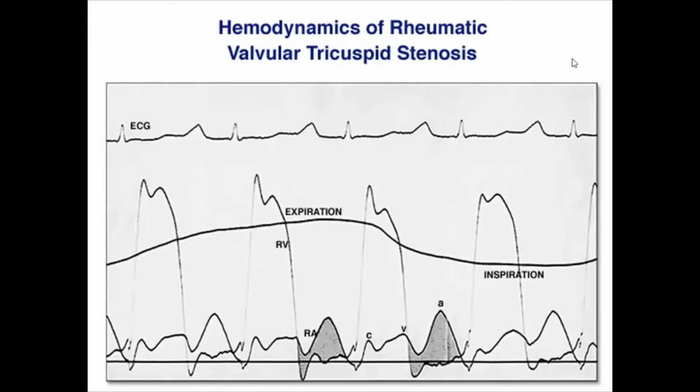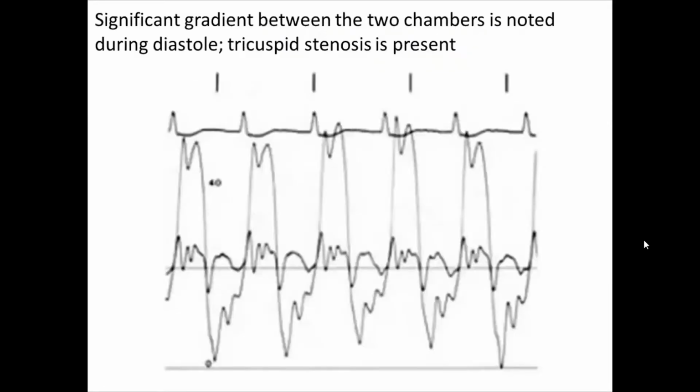Here it is written the diagnosis, hemodynamics of rheumatic valvular tricuspid stenosis. So this is the RV, this is the RA. There is the diastolic gradient between the RA and RV. This is exactly what is seen in tricuspid stenosis, the same as the example we just saw.